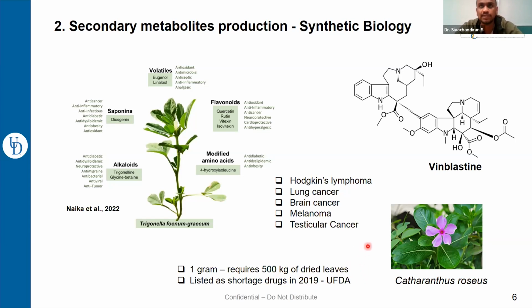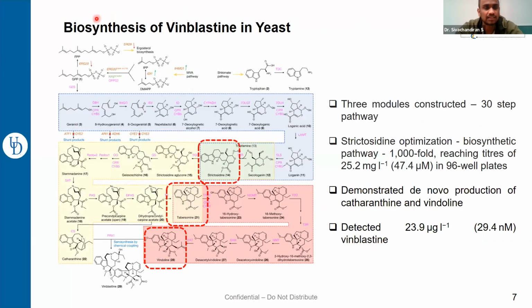So this group recently identified the whole biosynthetic pathway present in this plant, and they put all this pathway in a yeast. This is a 30 different step pathway, a long pathway that is present in the plant. So they took all these genes and the pathway all together, and they put them in the yeast.